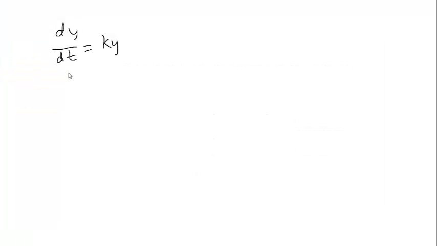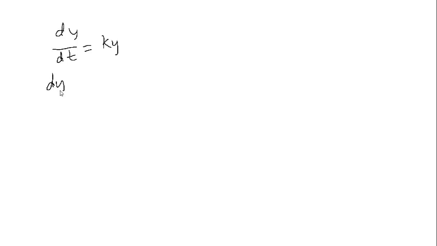So here we have this very same equation in more user-friendly form, and I'm going to basically break this down into the exponential growth and decay formula. So let's start by getting the variables to one side.